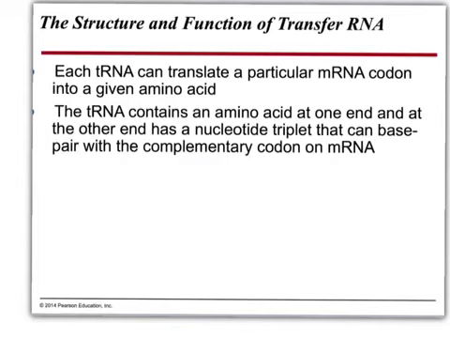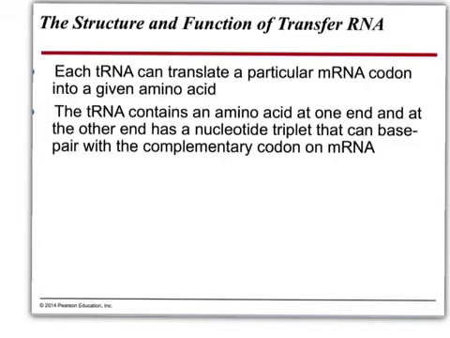We know that there's a codon for every amino acid, right? AUG, methionine. CCC is something else. CGU is something else. So for every amino acid, how many anticodons must there be? At least one.